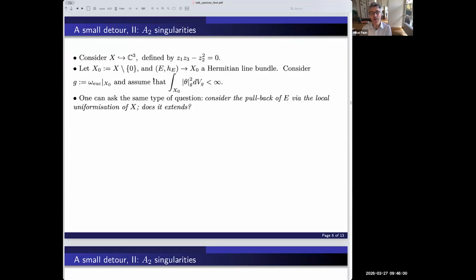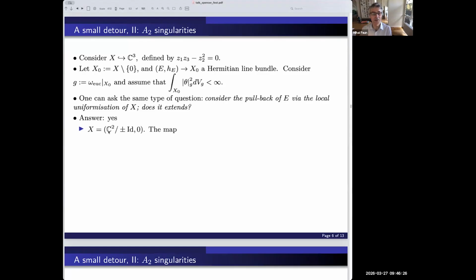This A2 singularity has a uniformization, right? In particular, it is a quotient singularity. So now what I want is not to say that E extends, that E is locally free, but to take the pullback on the uniformization. The question is, does this object extend? And the answer is surprisingly, yes, it does.